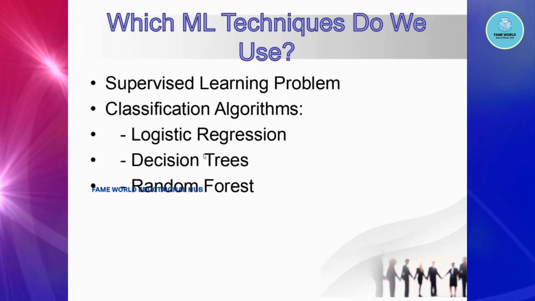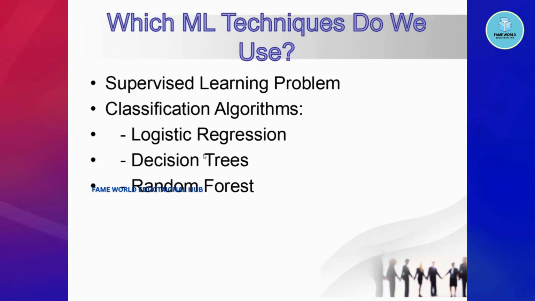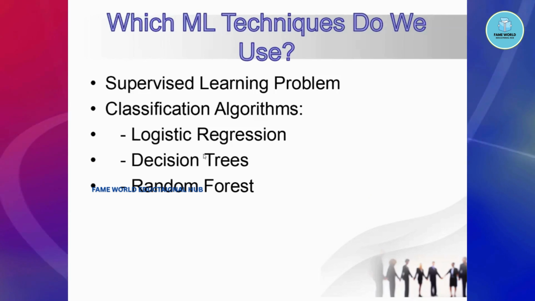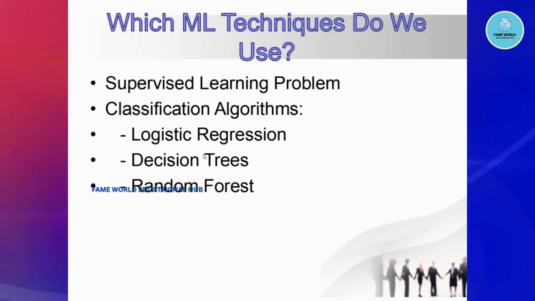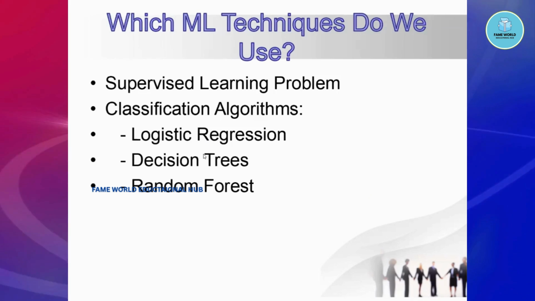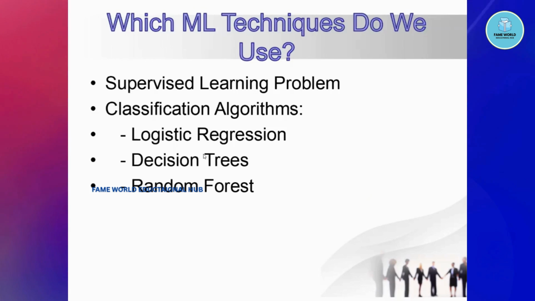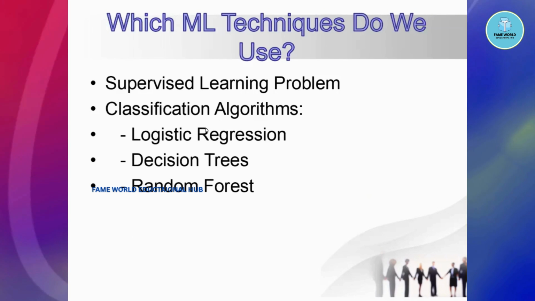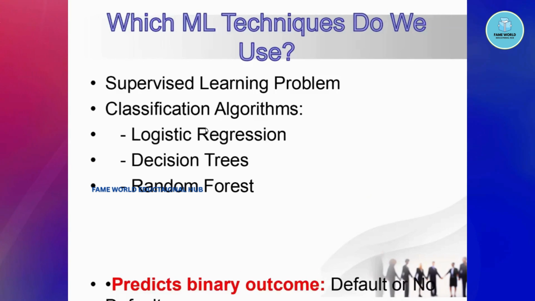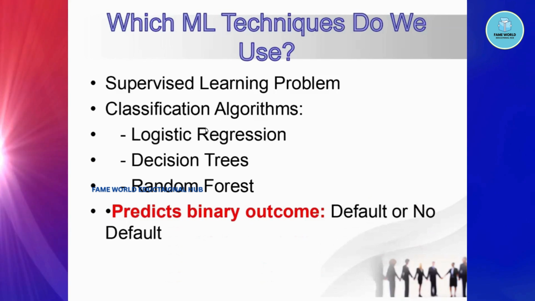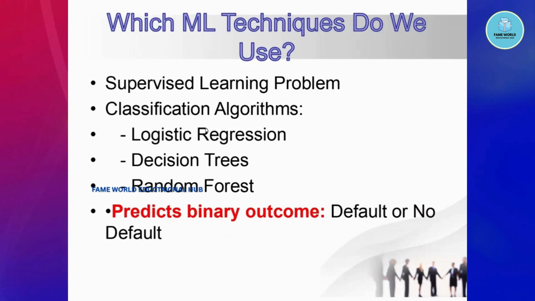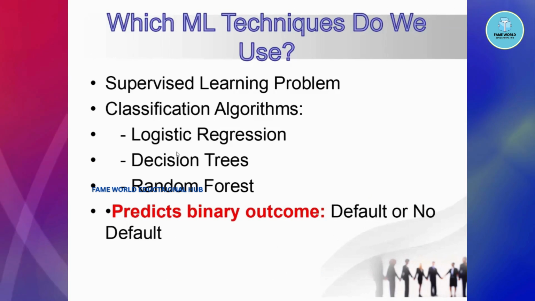Some commonly used algorithms for this project are logistic regression, simple yet powerful for binary classification, decision trees, great for interpretability, random forests, a more robust ensemble based method that reduces overfitting. Each algorithm has its own pros and cons, but the goal remains the same: predict whether a new applicant is likely to default. It's like training a digital brain to think like a loan officer.